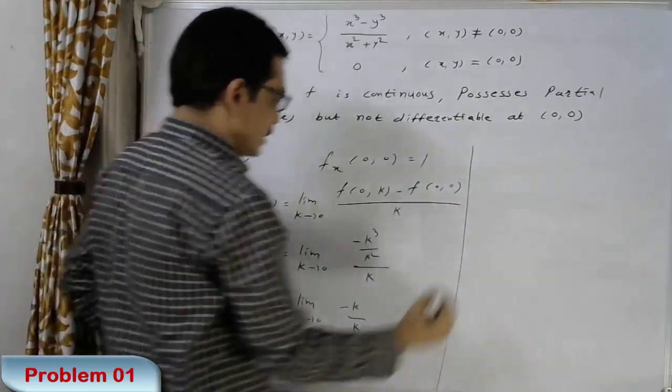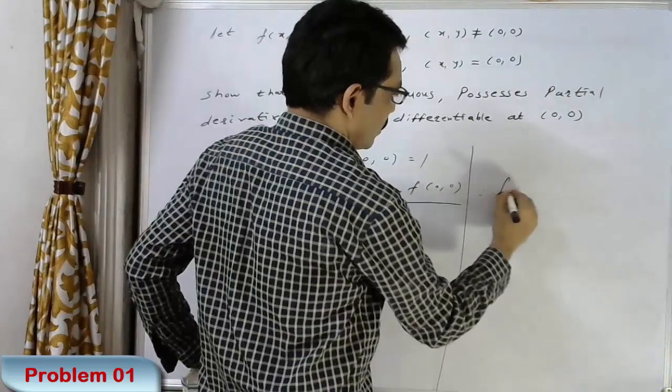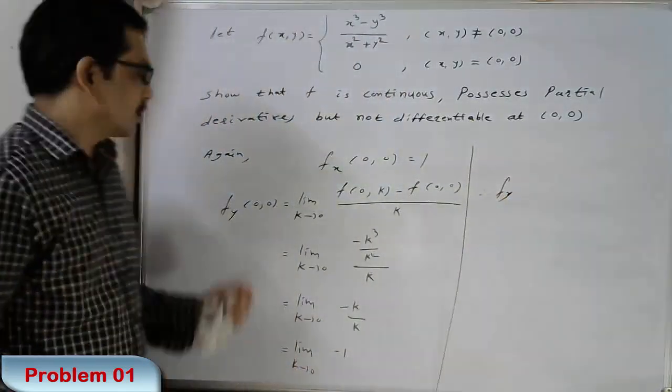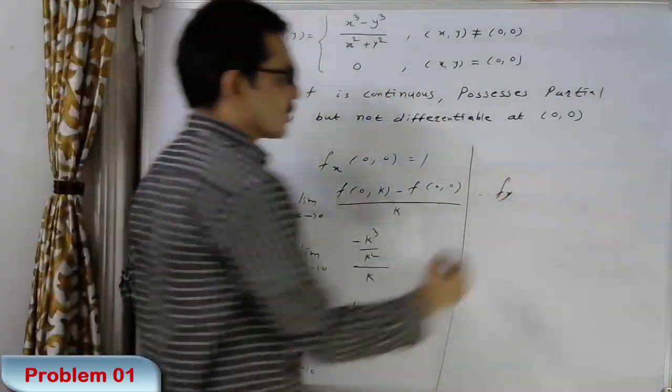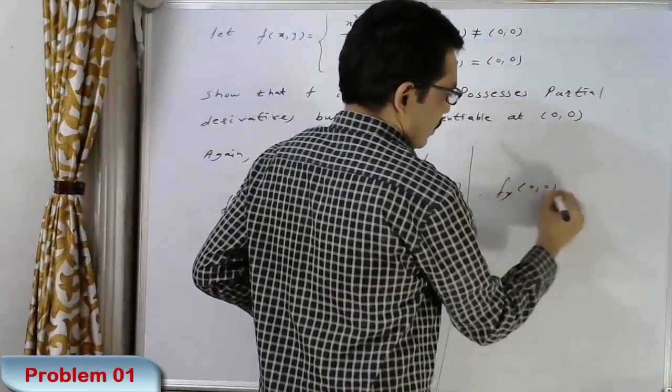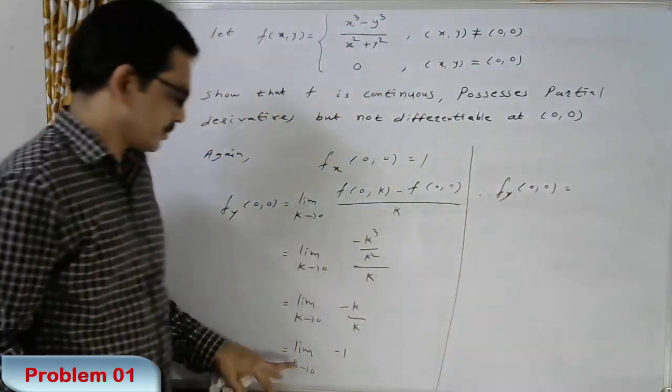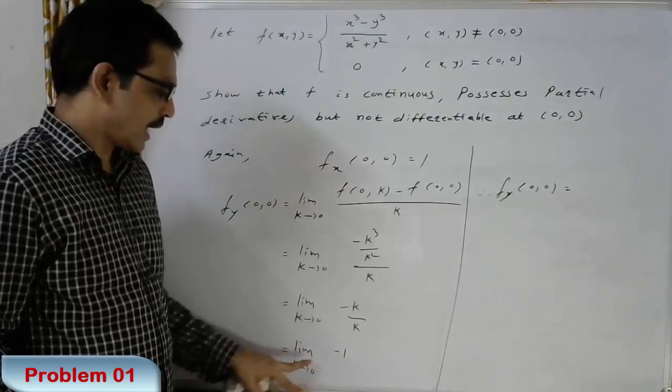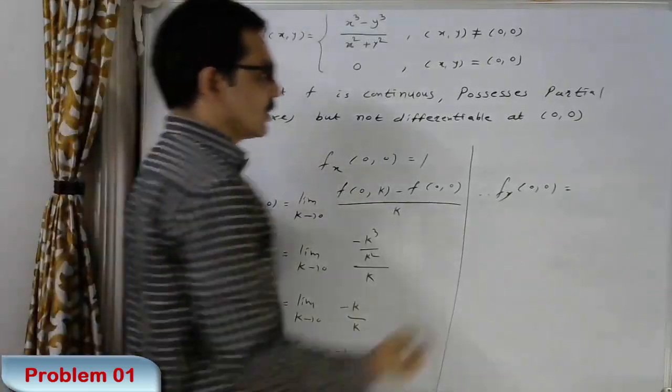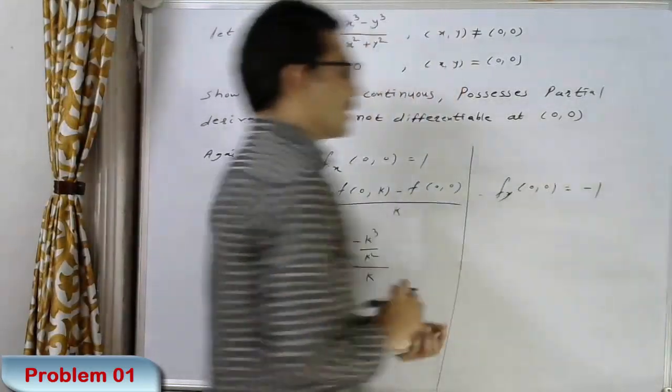Therefore here we write the function f of y at the point (0, 0) is equal to the limit of minus 1 as k tends to 0, which is equal to minus 1.